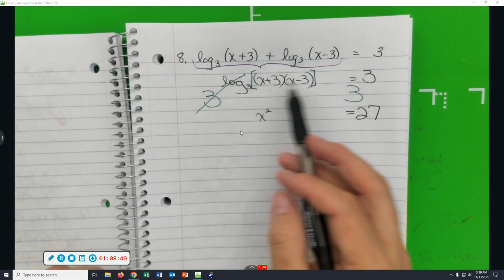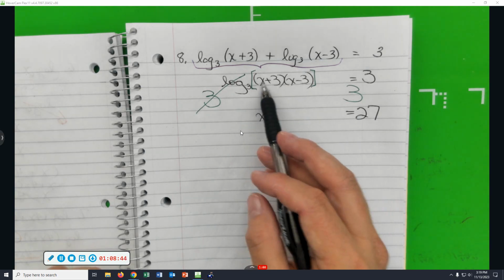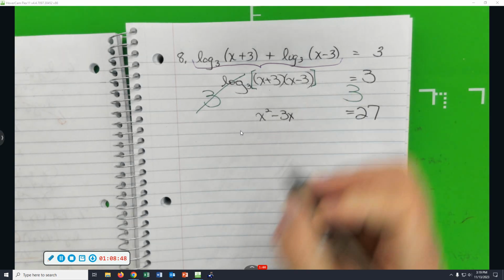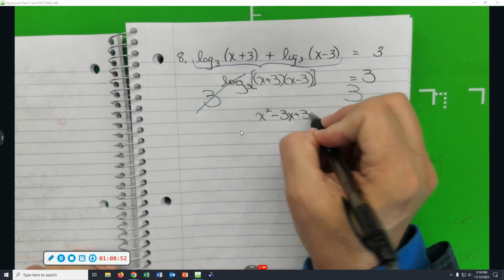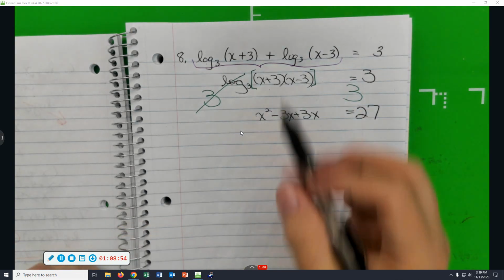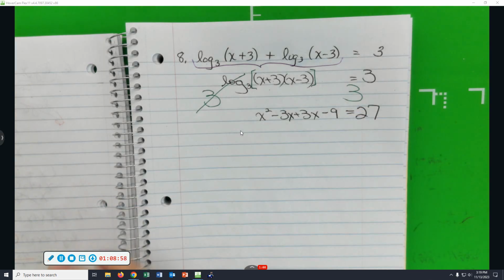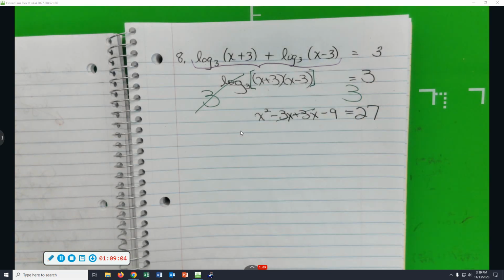Outer, minus 3x. Inner, plus 3x. Last, minus 9. So the negative 3x plus 3x goes to 0.